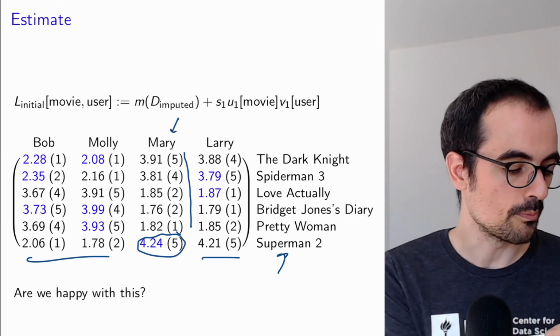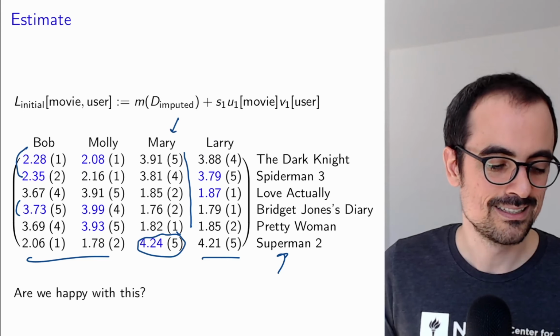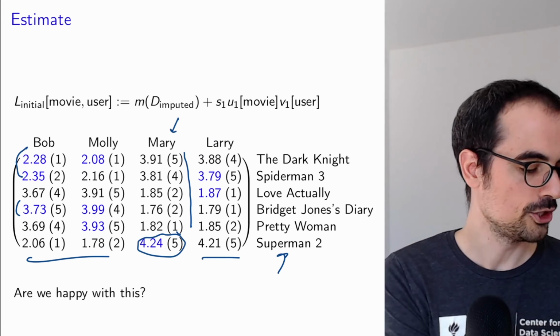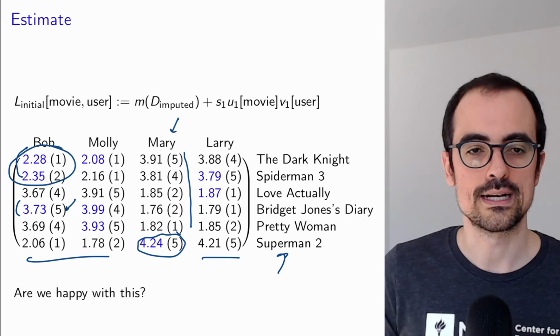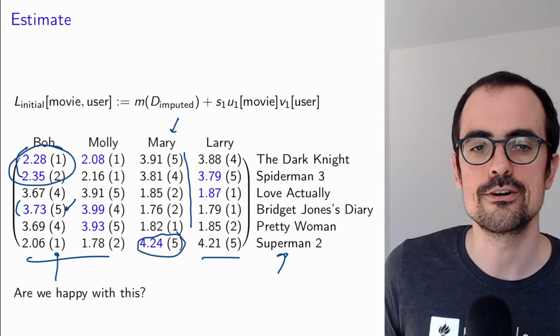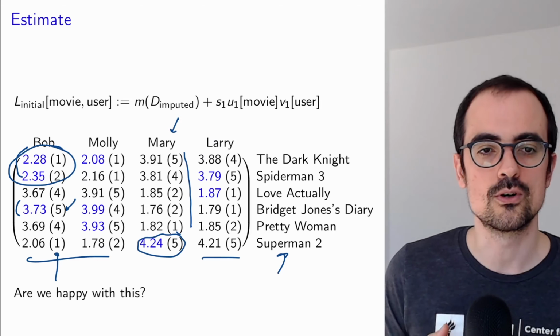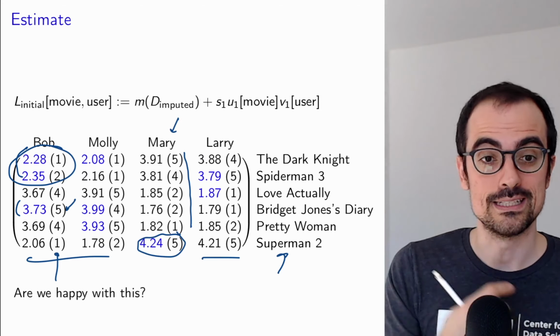But Bob, where we observe fewer ratings, what do we observe? We see that his ratings are lower than they should be for 5 and higher than they should be for 1 and 2. I should have said the real values are here in brackets. Why is that? Because we don't see that many ratings for Bob, and we had imputed the mean rating.